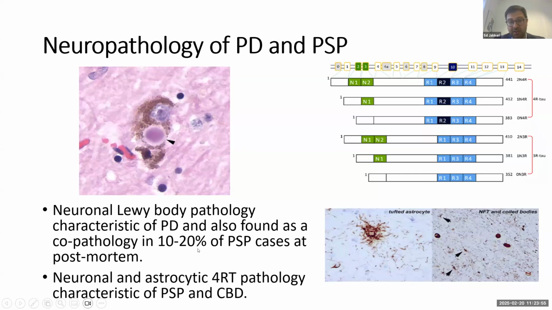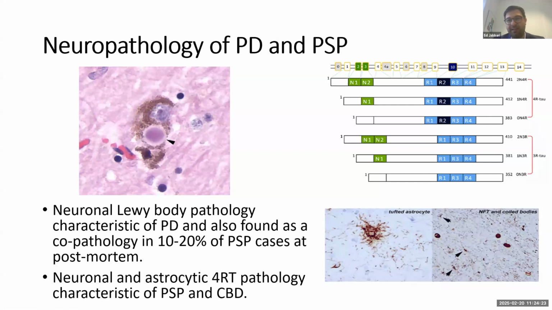The other thing to mention is that what we know from various post-mortem studies of PSP is that up to 10 to 20% of PSP patients that come to post-mortem will also have coexisting secondary Lewy body co-pathology. So the primary pathology is still 4-repeat tau, but they also have Lewy body co-pathology existing alongside.